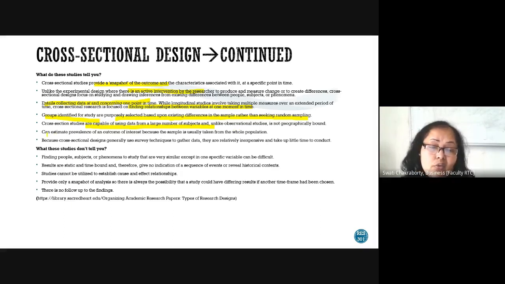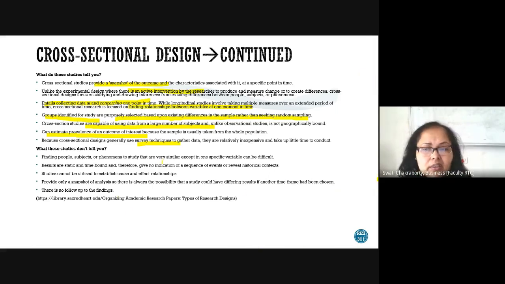They can also estimate the prevalence of an outcome of interest because a sample is usually taken from the whole population, right? And it's generally used with survey techniques for gathering data. So survey techniques are used, right? Which is why they are inexpensive and take little time to conduct.